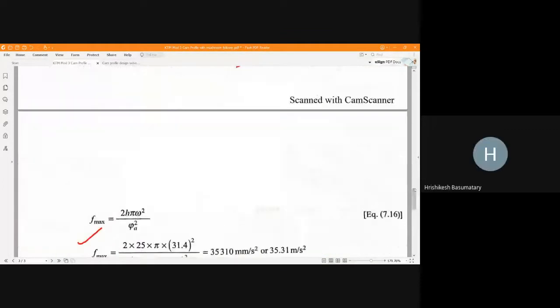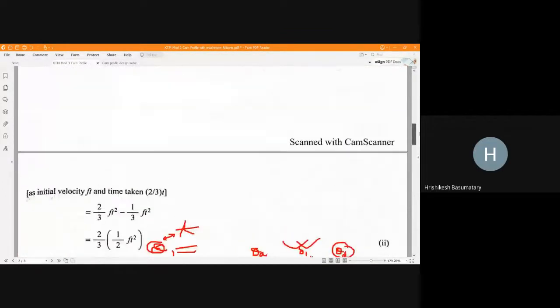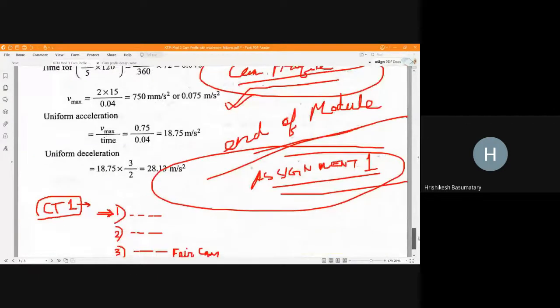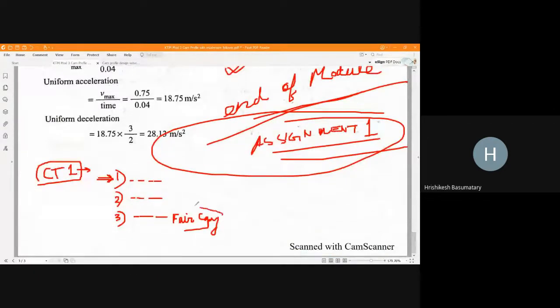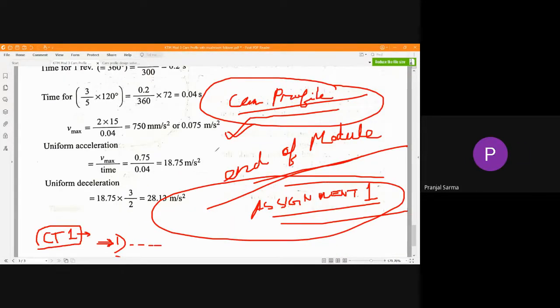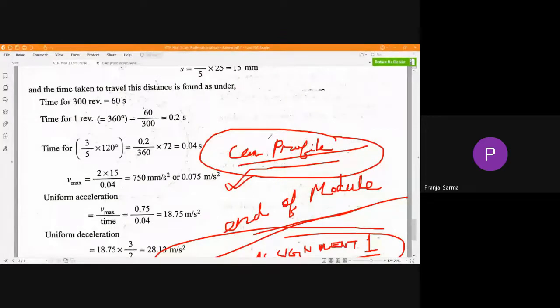Understood? Sir, should we submit the PDF of our copy also? Yes. If you have not maintained a proper copy, then solve these questions properly, not in a rough manner. We have discussed these and I have provided the PDF also, but for cam profile construction, my intention is that if you don't try, at the end during the exam you will get confused.